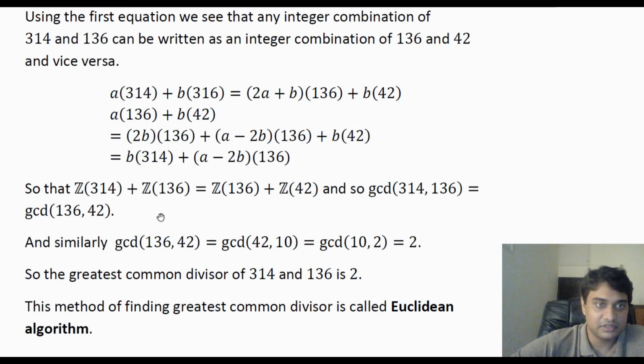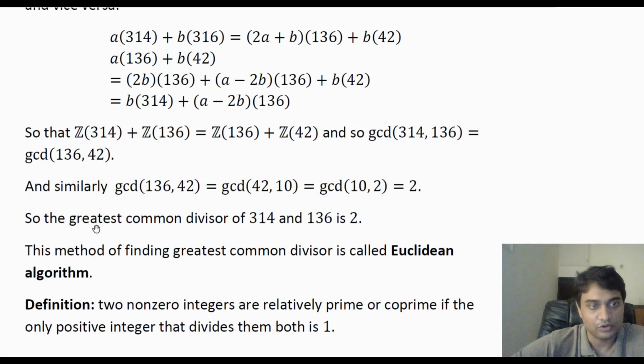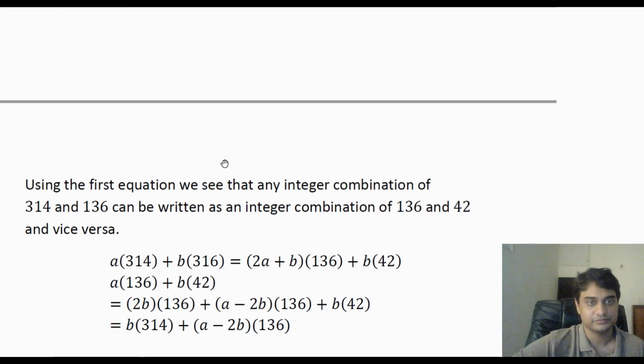And similarly, from the second and third relations, we can also deduce that the greatest common divisor of 136 and 42 is equal to the greatest common divisor of 42 and 10. This follows from the second equation.